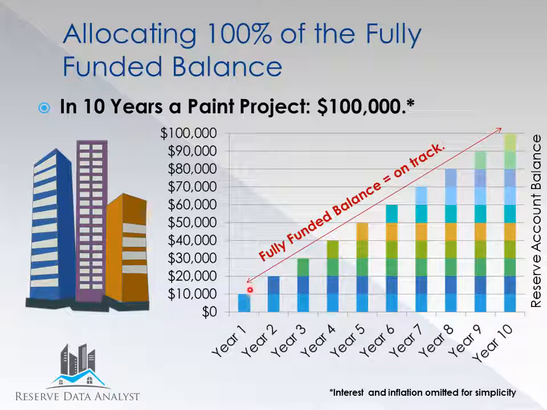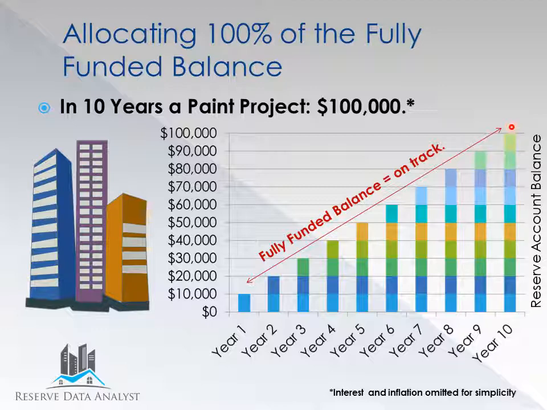This $10,000 means they're on track for paying for this paint project at the end of 10 years, which equals $100,000. The reason we're saying they're on track is because they have equally dispersed the cost over the 10 years. Every year they're depositing $10,000 into the reserve account.